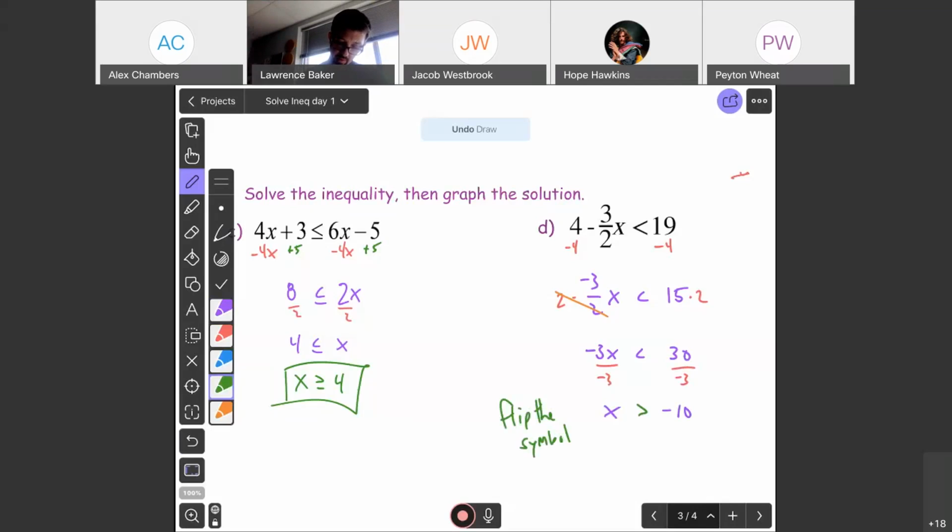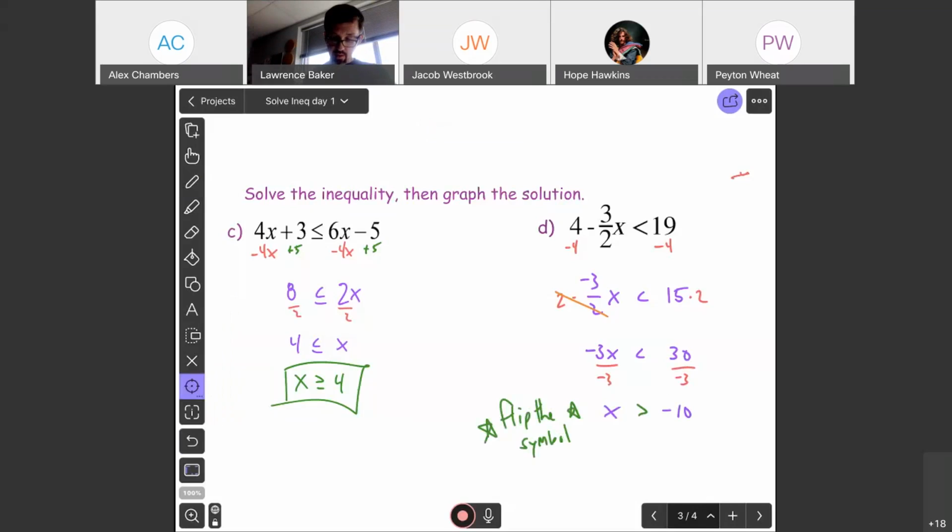Notice how I'm saying symbol, not sign. Sign generally refers to the sign of the number, that it's negative here, the number is positive. This is an inequality symbol, not a sign. So I'm using a different word, so I'm not talking about the sign of the number.